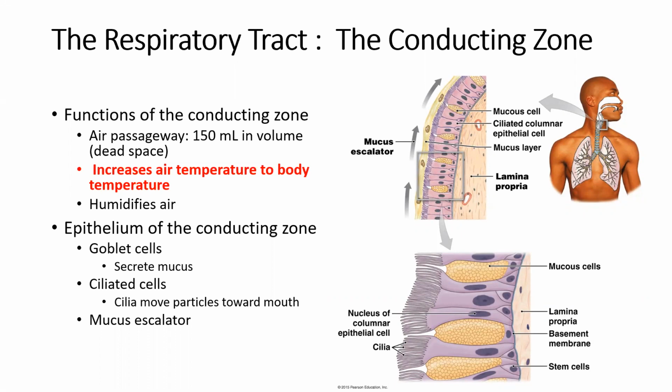The second part of protecting the air is going to be the ciliated cells. These columnar cells that line the respiratory tract have this apical modification that's called cilia.